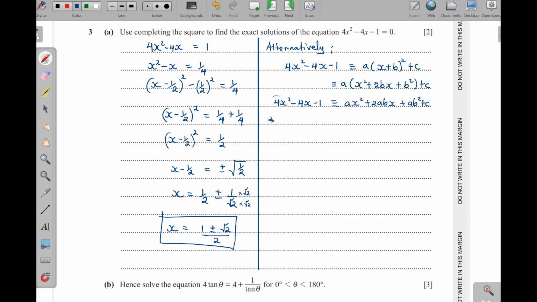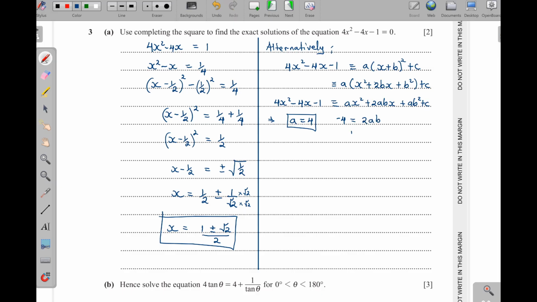The coefficient of x squared here is a 4, and here it is an a. So that means a is going to be equal to 4. The coefficient of x here is a negative 4, and then here it is 2ab.